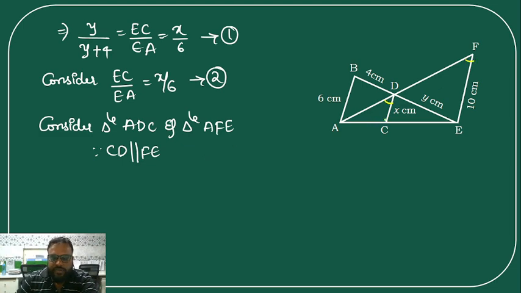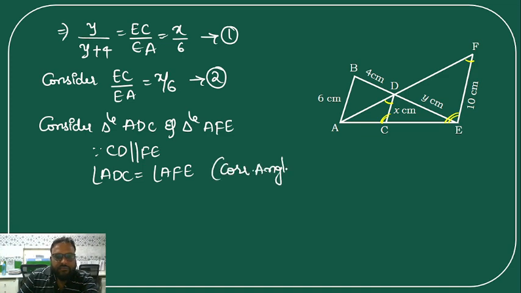So angle ADC is equal to angle AFE, corresponding angles, and of course angle A is equal to angle A. This is the common angle.